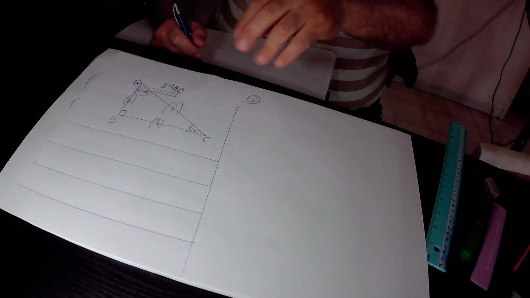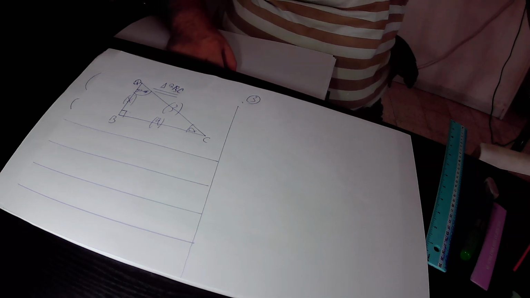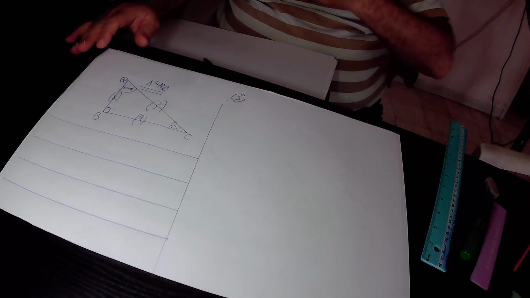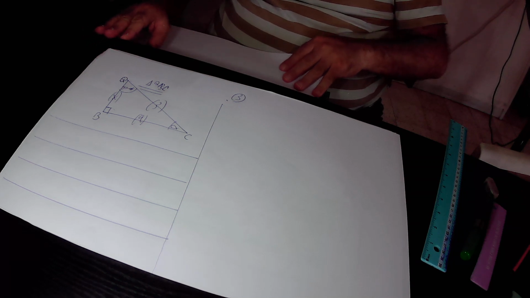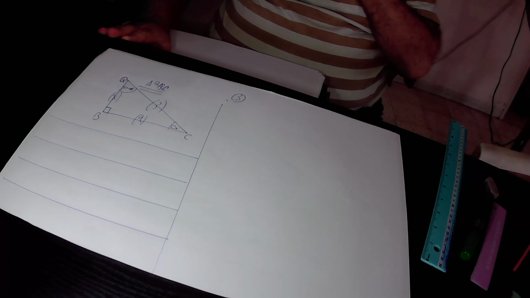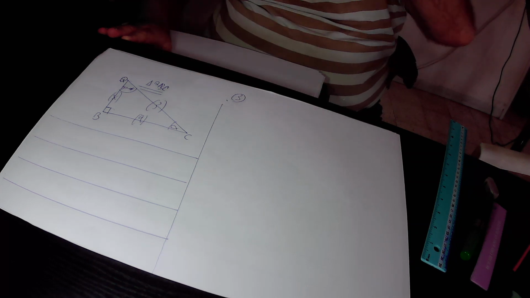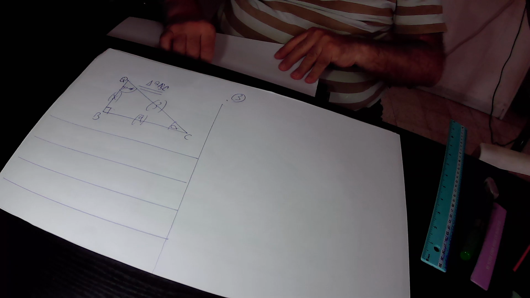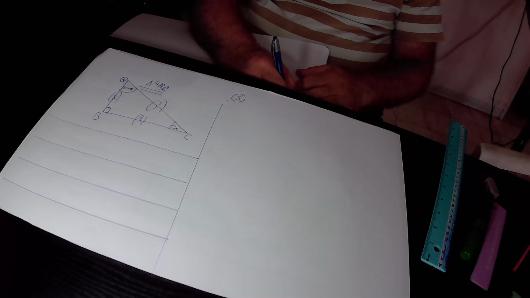So actually, this is the right triangle QBC that I copied from the original drawing. According to the Pythagoras theorem, in this right triangle QBC, QC squared, that is the square of the hypotenuse, equals QB squared plus BC squared. So write it down. This will be equation 3.